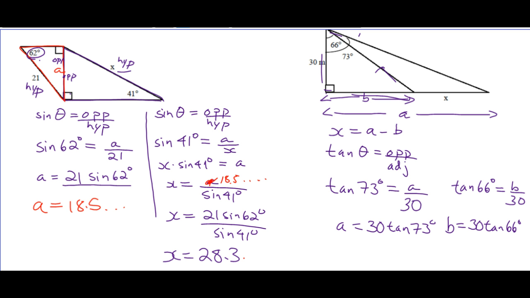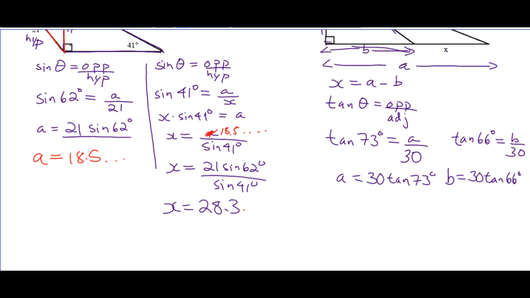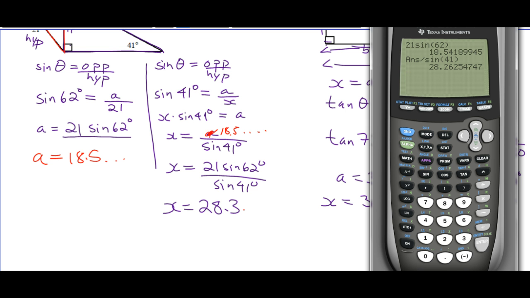We know what x is. It's a minus b. So x is equal to 30 times the tan of 73 degrees minus 30 times the tan of 66 degrees. Okay, and we'll just enter that in our calculator.